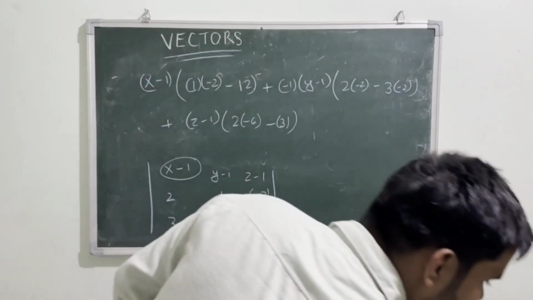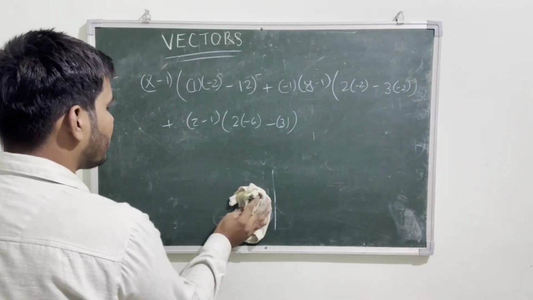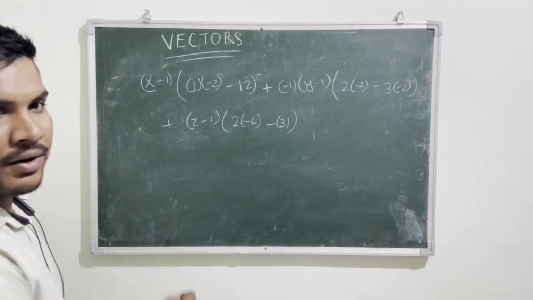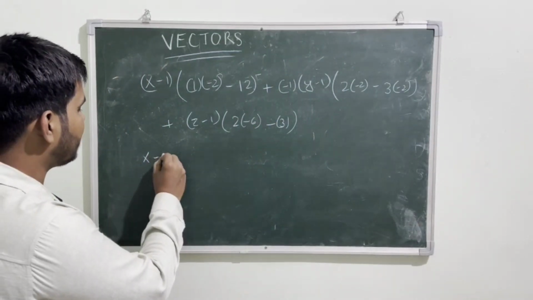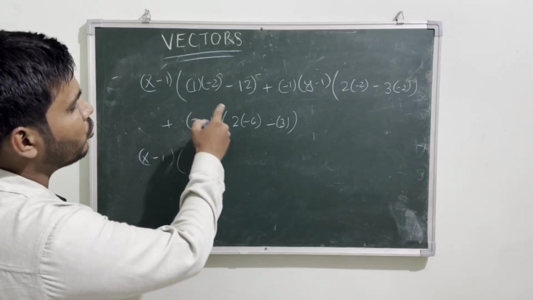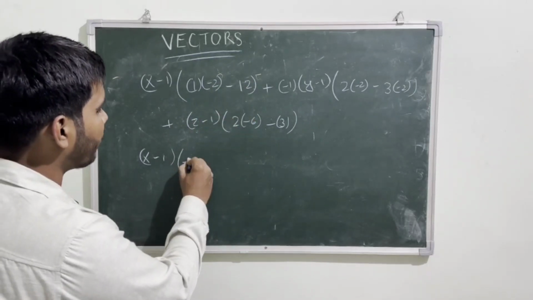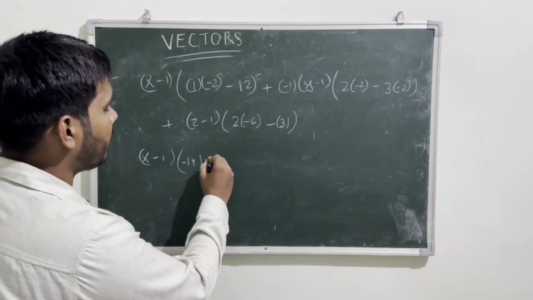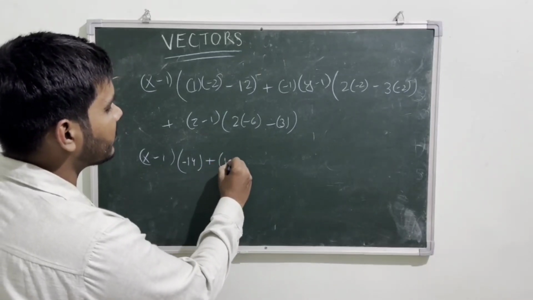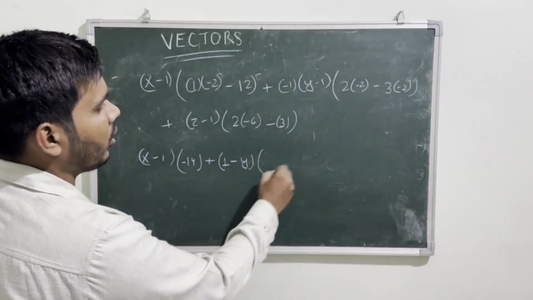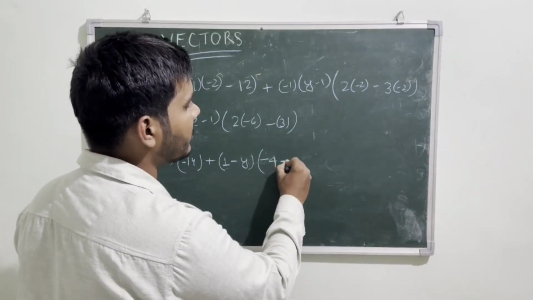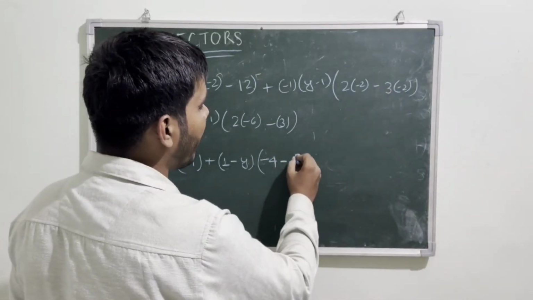After solving this equation, we can find the equation of the plane which contains the line through 1, 1, 1. So we have to calculate it step by step. -2 with -12 will be -14. Okay, this will be plus (1 - y). 2 with -2 will be -4, and -3 with -2 will be -6.